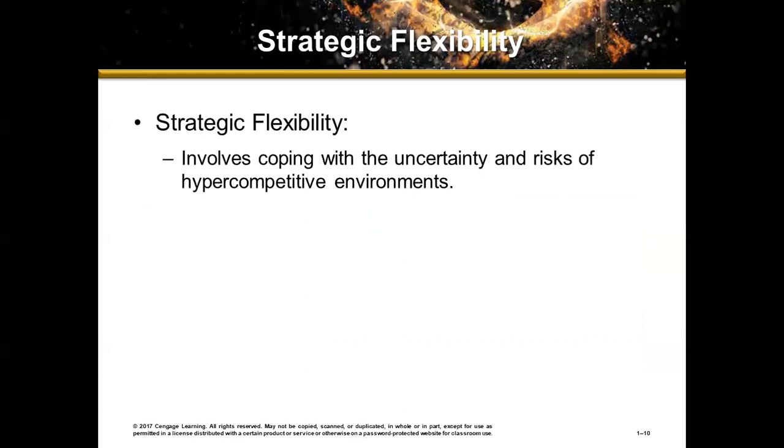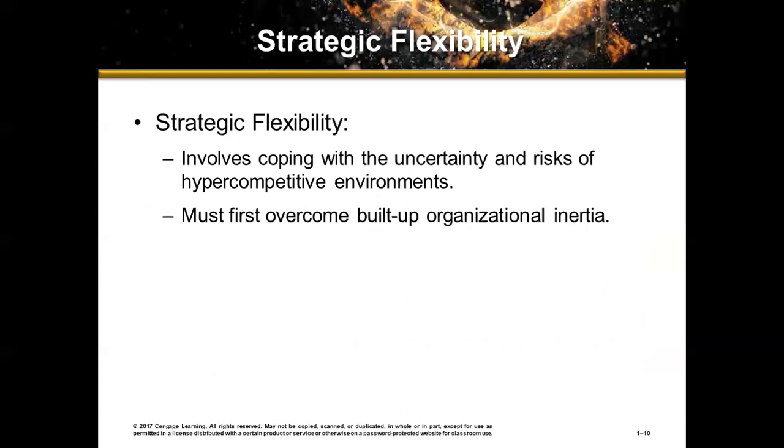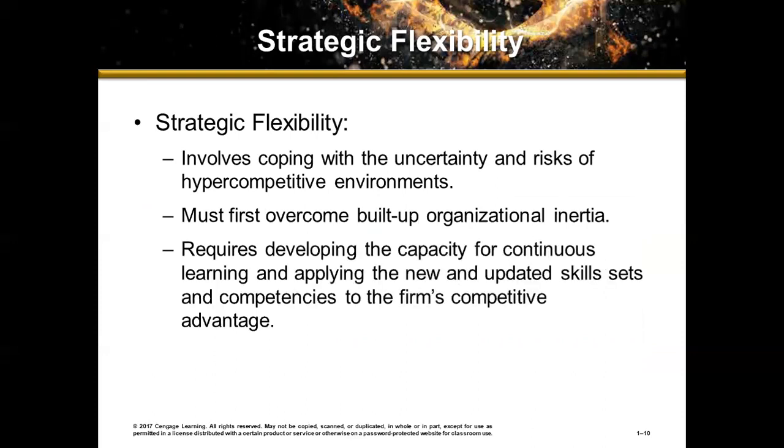Strategic flexibility. Strategic flexibility involves coping with the uncertainty and risk of hyper-competitive environments. It must first overcome built-up organizational inertia and requires developing the capacity for continuous learning and applying new and updated skills, skill sets, and competencies to the firm's competitive advantage.